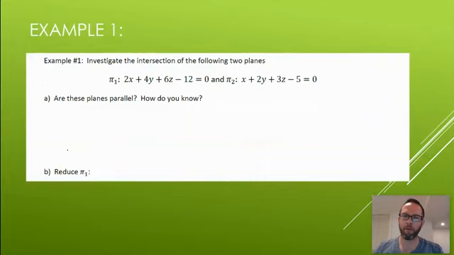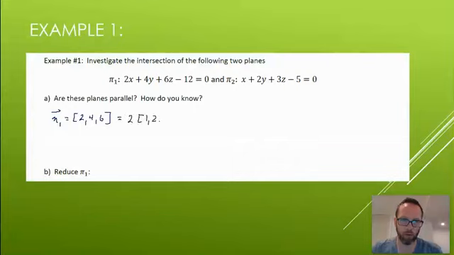Whenever you're looking at the intersection of two planes, the first thing you want to look at is, are the planes parallel? So you definitely want to check that first. Here we can see that N1 is 2, 4, 6, which is exactly 2 times 1, 2, 3, which is the normal for the second plane.